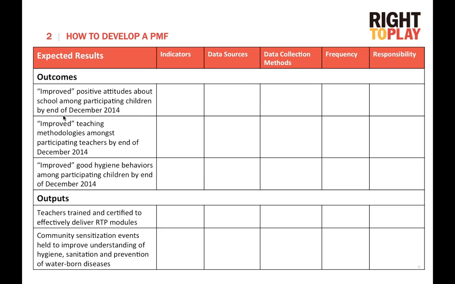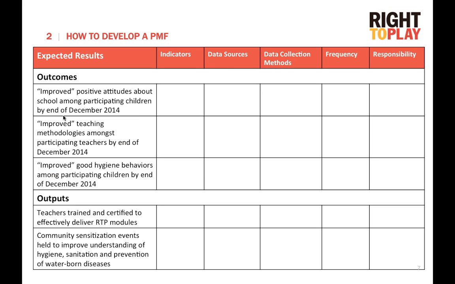And I just want to make a note that when we use words like improved, it can be a little bit vague. One thing that you need to keep in mind as you're developing both your log frame and your PMF is that you really want to have a good understanding of what improve means. What are the real changes that you want to see?